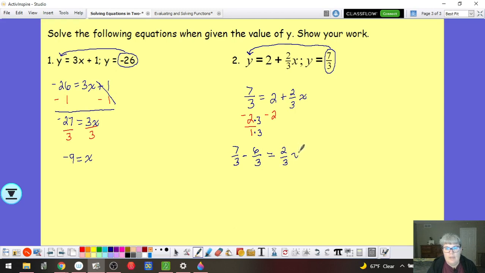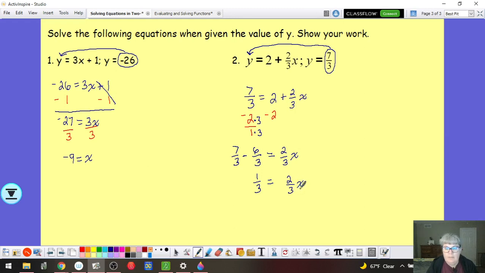2/3 x. So when we complete that subtraction, we have 1/3 equals 2/3 x. Now, I know I mentioned on the previous problem 3x is multiplying. 2/3 x is also multiplying.